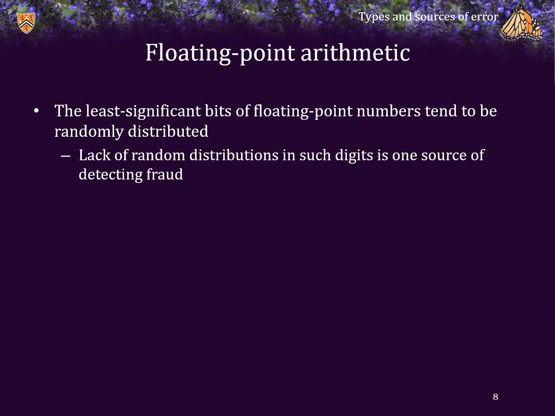Actually, the fact that the least significant digits tend to be randomly distributed, while the most significant digits are not randomly distributed on tax returns, is actually one source of detecting fraud.